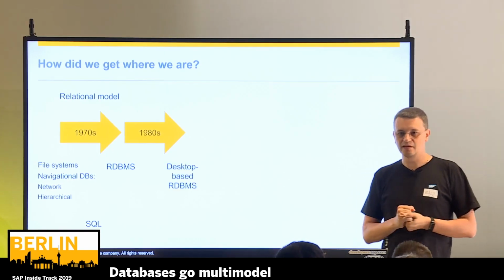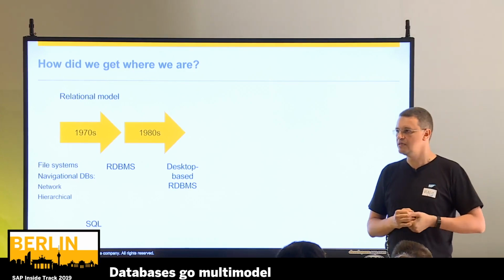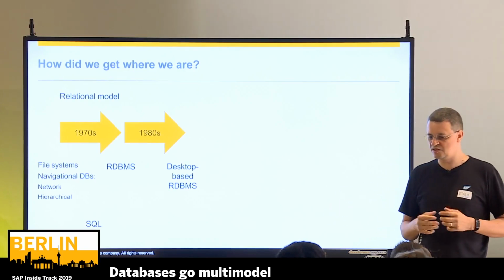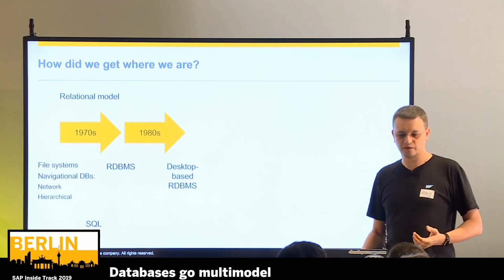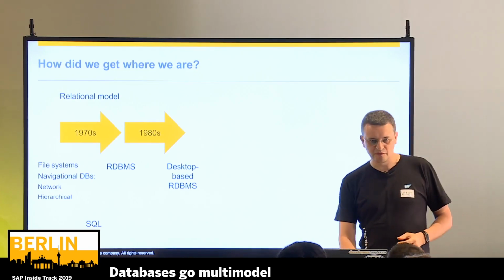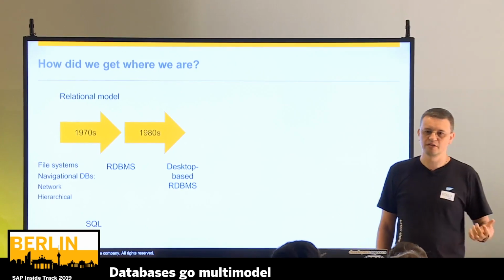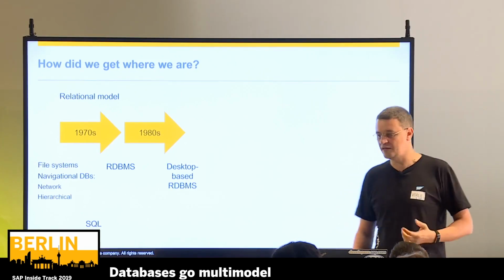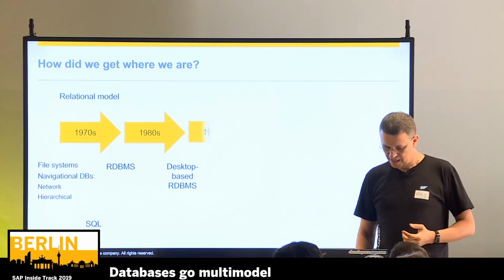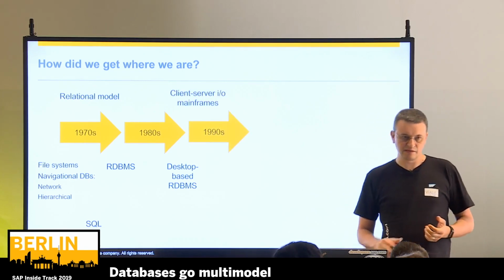The 1980s were also a huge improvement in personal computers, and this is where desktop-based RDBMSs made it even more popular. Even my wife, who studied economics, knows Microsoft Excel, and she knows what SQL is, thanks to all these desktop-based RDBMSs.